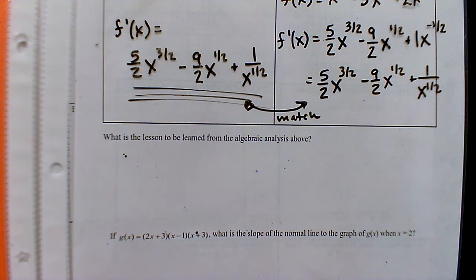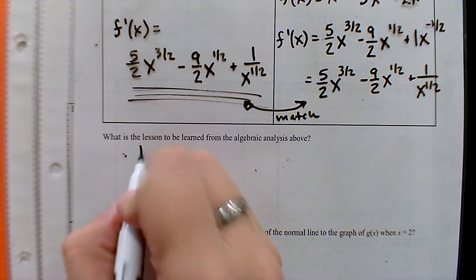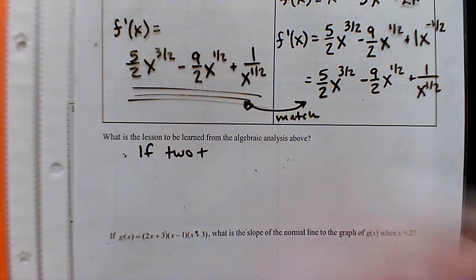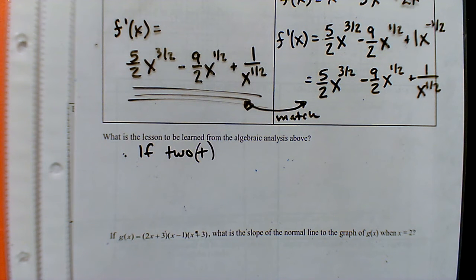Okay, you have options. So we'll say if 2, we'll say plus, because maybe you're multiplying more than 2 things together. We're going to check that out in the next example.